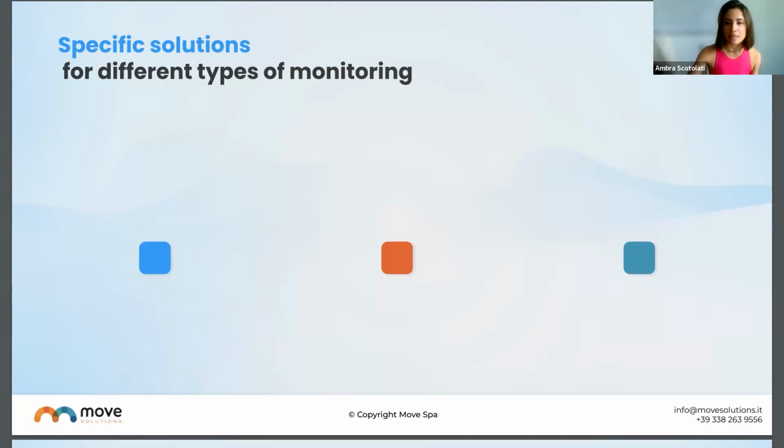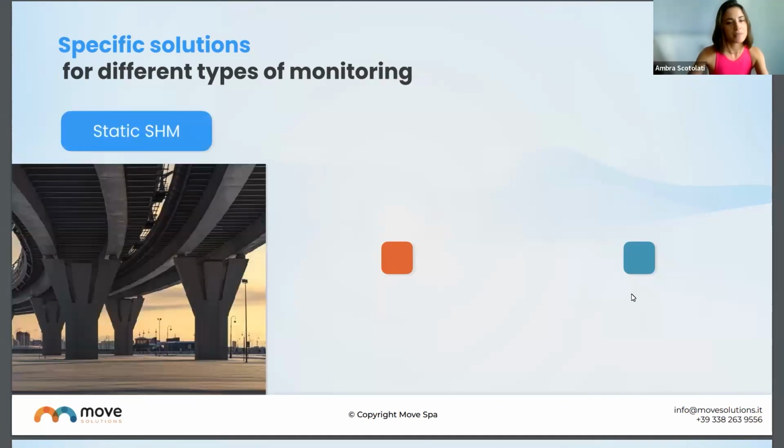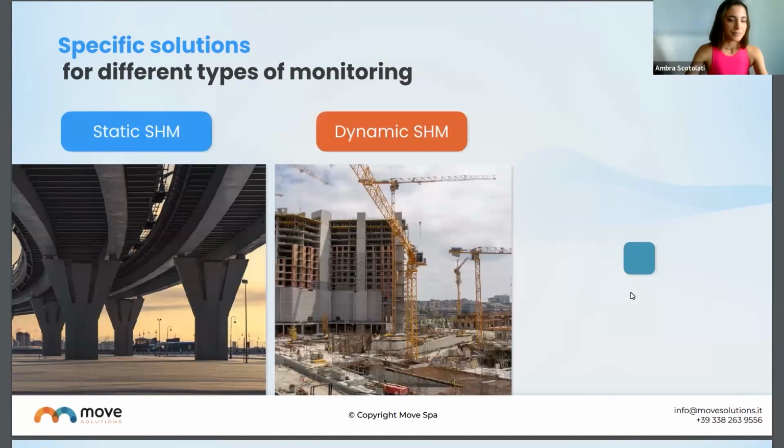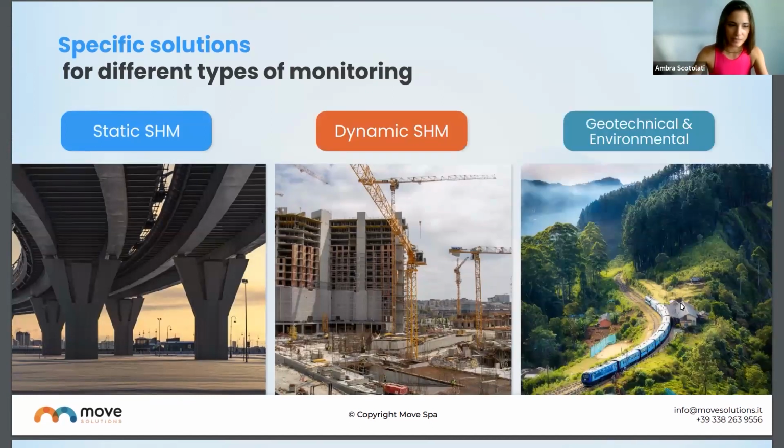Behaviors that, for example, by just using static structural health monitoring would not necessarily be detected. So these types of monitoring are static structural health monitoring, dynamic, and geotechnical and environmental monitoring.